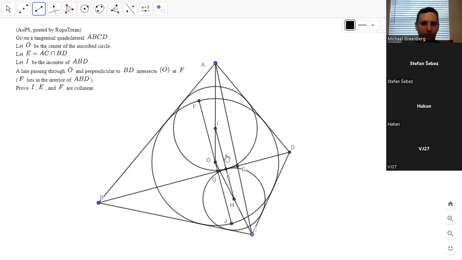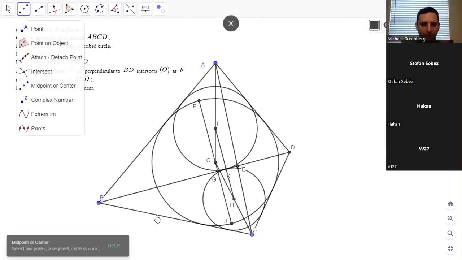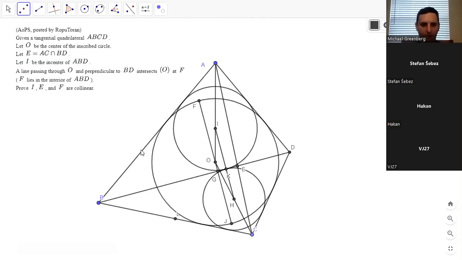I think there's some theorem. Isn't there some special point in a tangential quadrilateral called the maltitude? Oh yeah, now I think I remember what it is. You take the midpoint of each side and then you take the altitude to the opposite side.